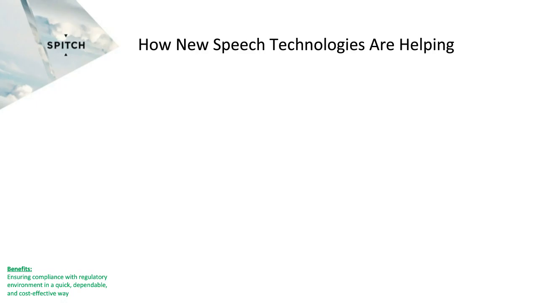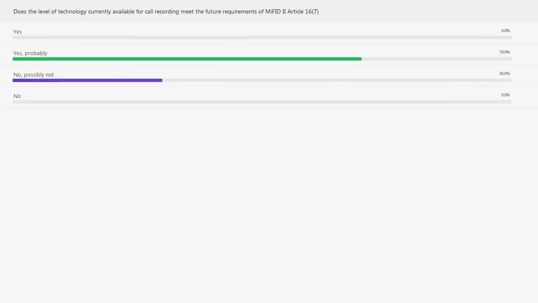Again, the replies to the question are typical of what we see. A lot of people believe that their processes are suitable. And those are the people that I would possibly look to read Article 16.7 in a bit more detail. So are we finding that compliance risk managers and auditors are digging through the weeds of their organisations' technology, or lack of it, and thinking, hang on a second, Houston, we've got a problem here?